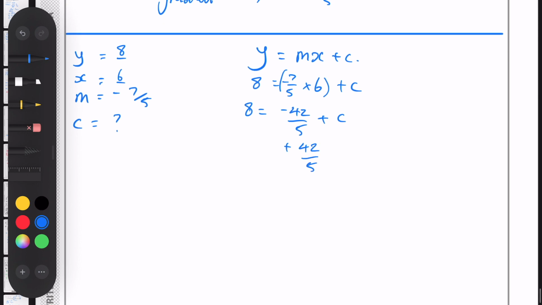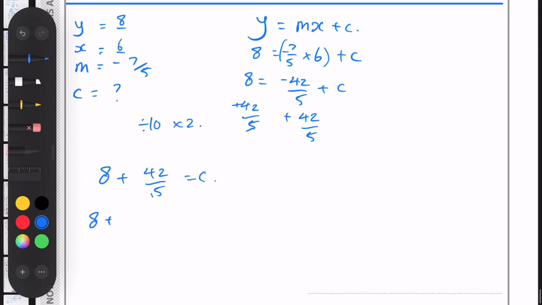And then we're going to add 42/5 to both sides, so c is the subject. So 8 plus 42/5 equals c. 42/5, if you put it as a decimal number, a good way to divide by 5 is to divide by 10 and then times by 2. So divide by 10, you get 4.2, times by 2, you get 8.4.